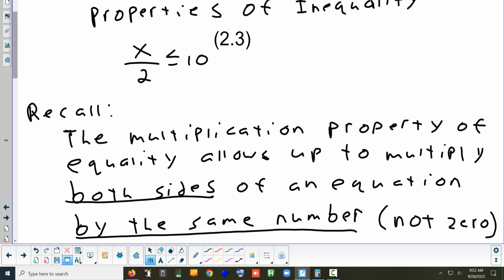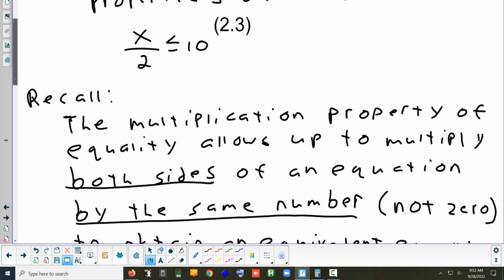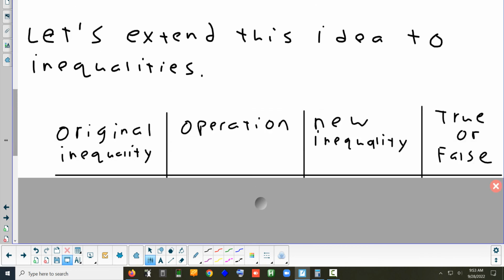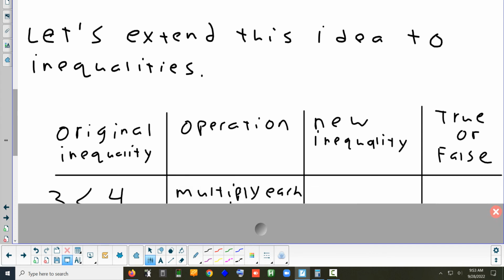Just multiply by 2 and you're done? It depends. So we're going to take some inequalities and see what happens when we multiply or divide both sides by a number. Let's see if it works.